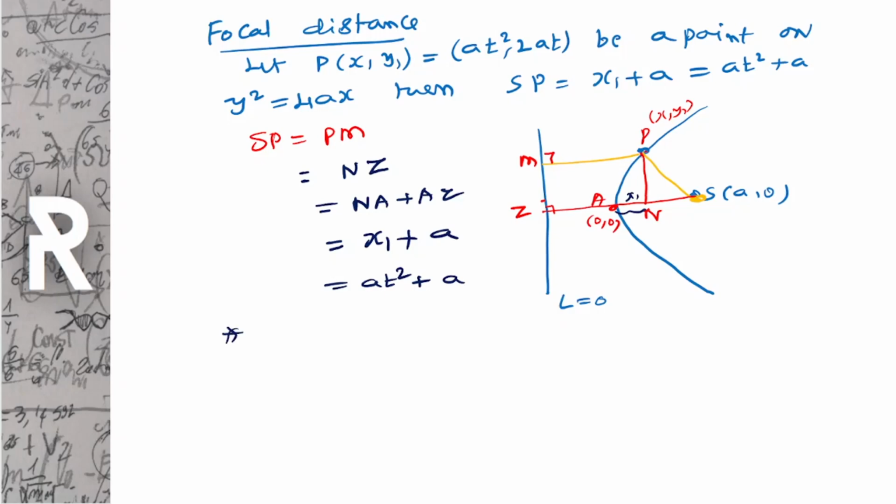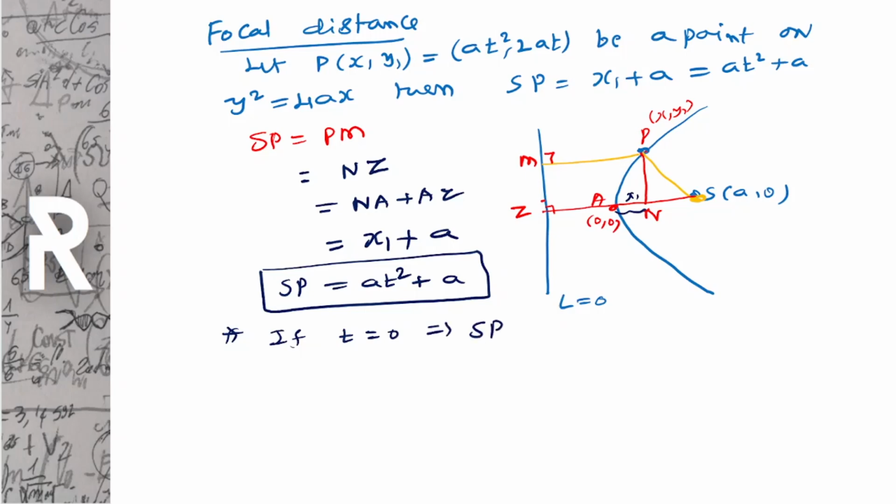One more thing. This is the distance from the focus to the point P anywhere, randomly taking P(x1, y1). It is least if t = 0. When t is 0, SP is least, and the point P coincides with A(0, 0).